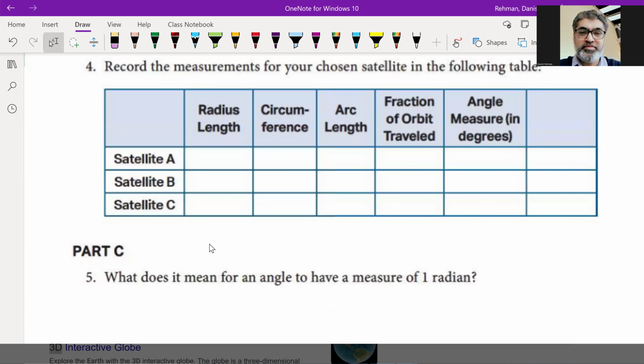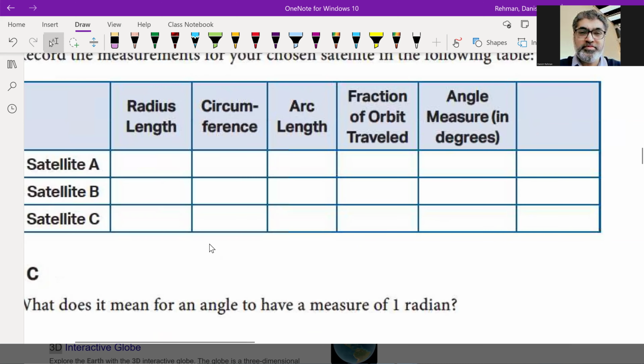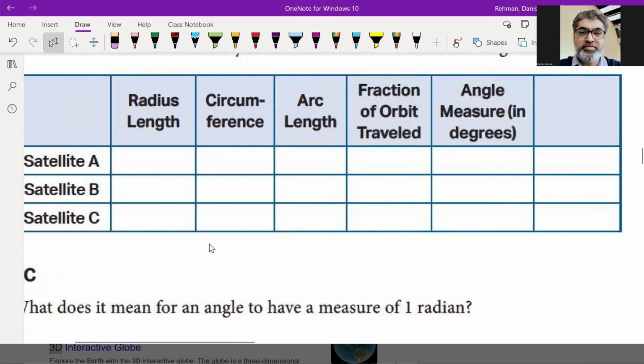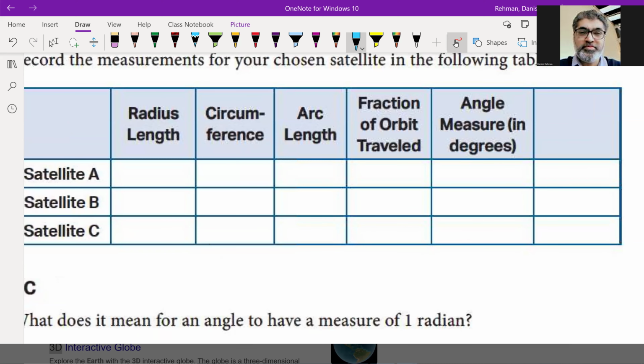Here is a table that will help you to understand the same thing. What I'm going to do here, I will give you the values myself. Let's consider that the satellite A is at a distance of 160 miles from Earth.